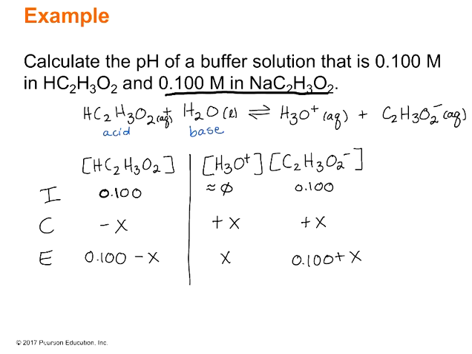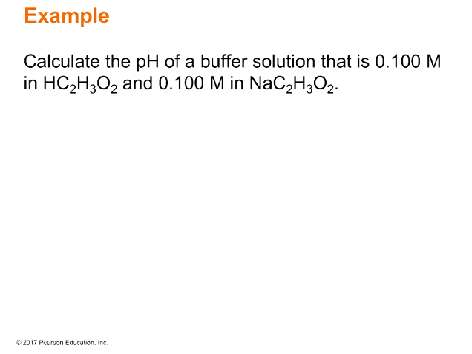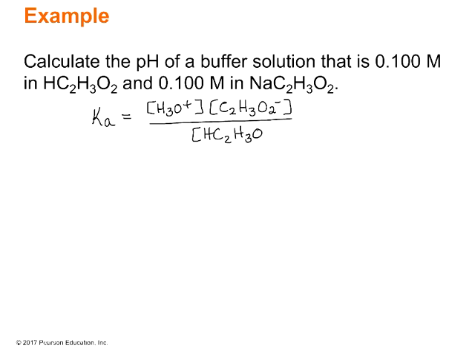Okay, now our next step is to write out the acid ionization constant expression. And then we'll plug in these values here, or these expressions. So as always, we have products over reactants. Now, we do need the acid ionization constant for acetic acid.